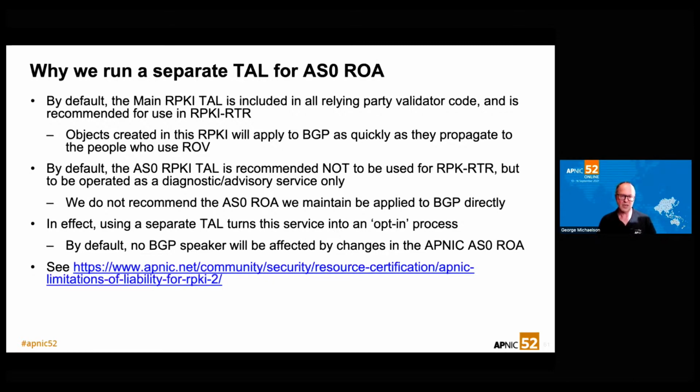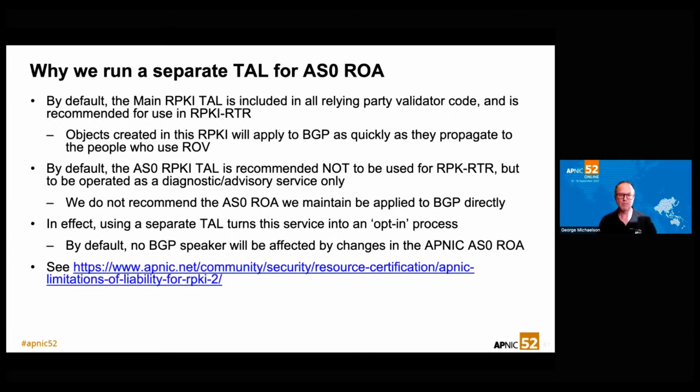So we decided initially, and for the foreseeable future, to make the AS0 ROA under a unique different TAL. By making it under a different TAL, we made it necessary for everyone to explicitly choose to include it. We've turned it from an opt-out model where you would have to deal with it as a fact of life to an opt-in model where you have to accept it into your life.